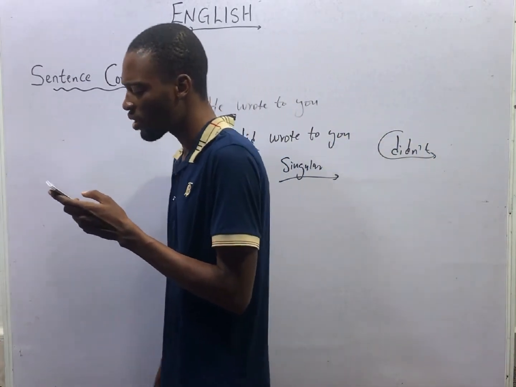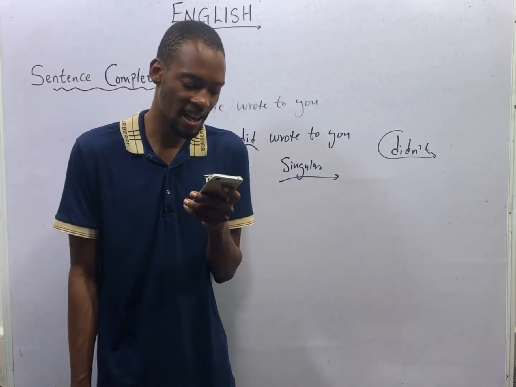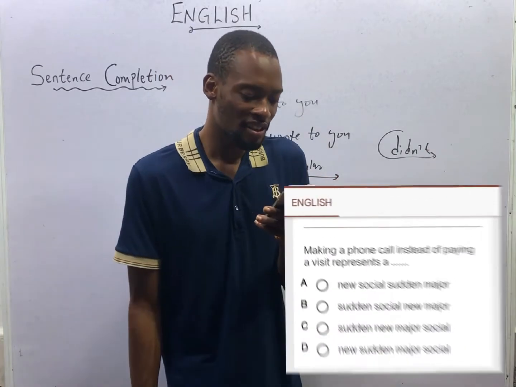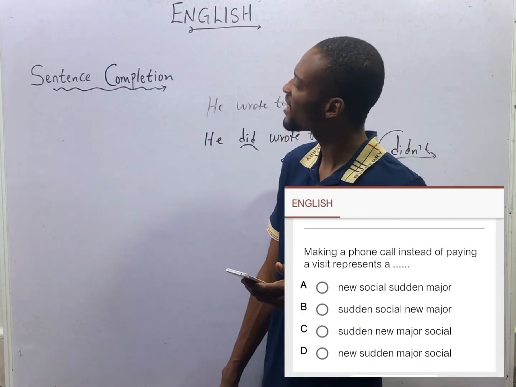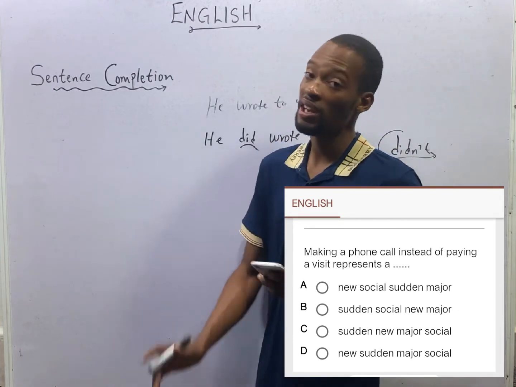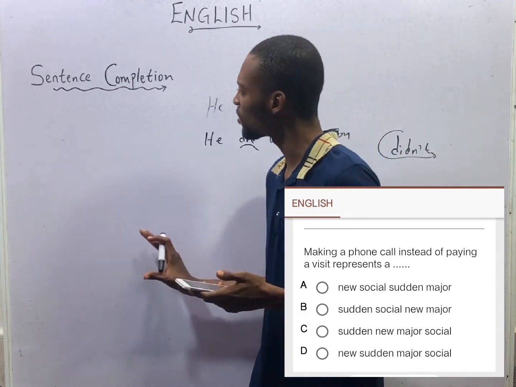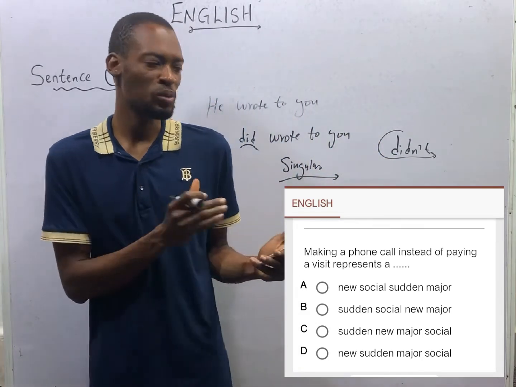Making a phone call instead of paying a visit represents a dash. The last two episodes of sentence completion focused on arrangement of adjectives. This is what we are doing now.